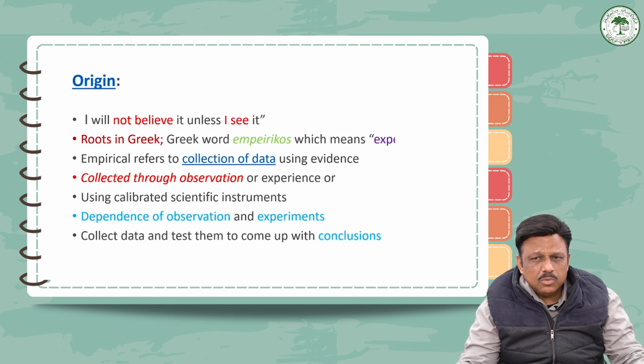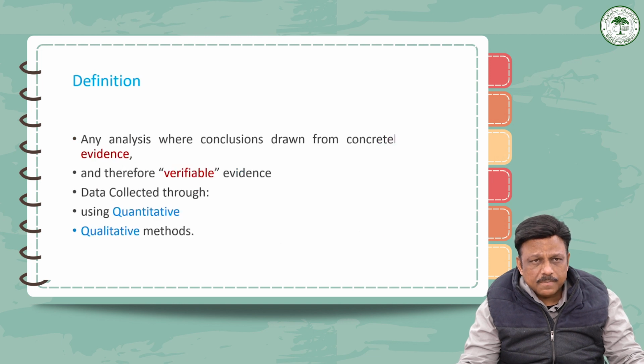In today's world, the word empirical refers to a collection of data using evidence that is collected through observation and experience or by using calibrated scientific instruments. All of the above origins have one thing in common, which is dependence on observation and experience to collect data and test them to come up with conclusions.